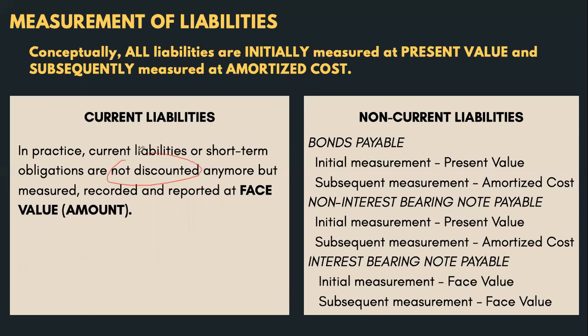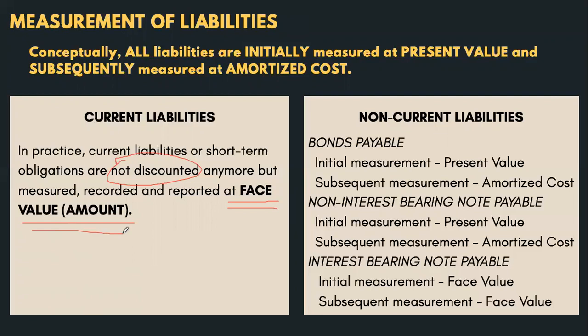Why don't we measure it at present value? Because they are not discounted but measured, recorded, and reported at face value. So take note that current liabilities are measured at face value.